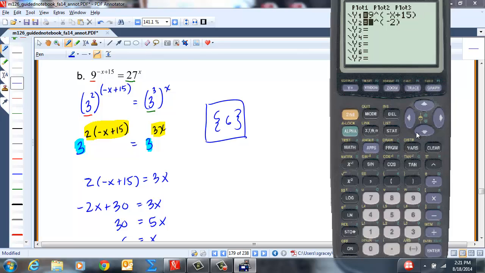And then we had 27 raised to the x. I'll probably have to adjust my window for my y as my guess. Okay, so let's do this. First let's try zoom fit.